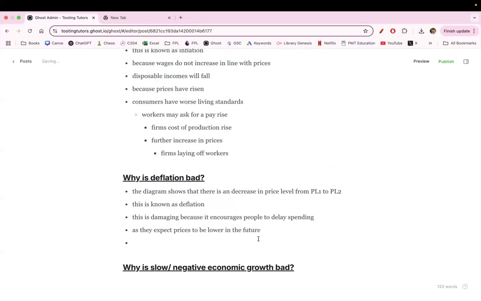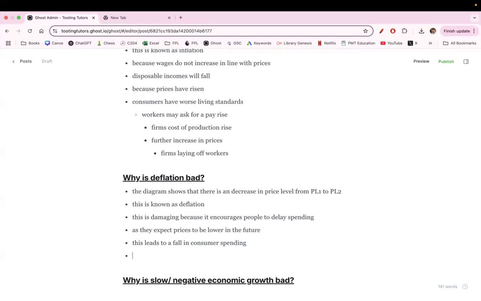How can we continue the chain further from here? This leads to a fall in consumer spending. Can we expand further from that? Well, firms will receive less revenue. Yeah.